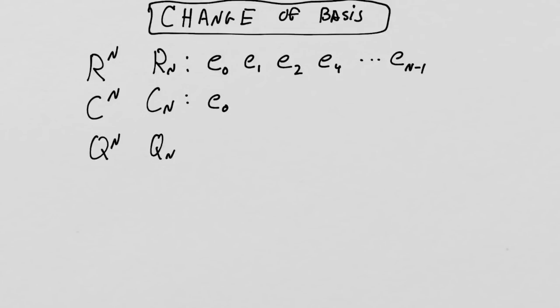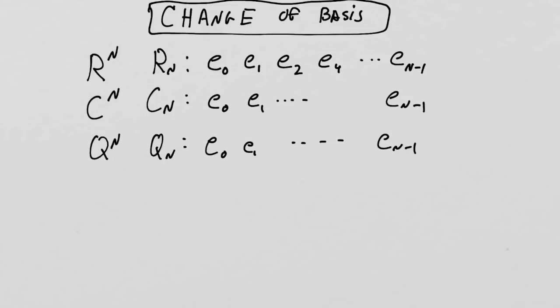I just need to have n basis vectors, whether it's the real, the complex, or the quaternions: E0, E1, all the way to En minus 1. They all have n basis vectors.